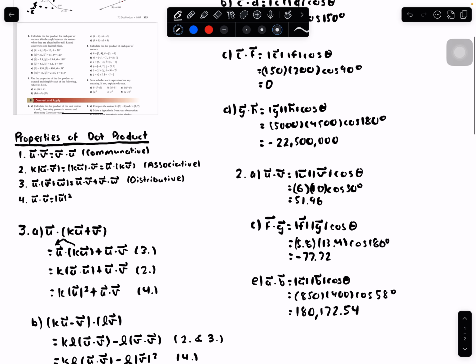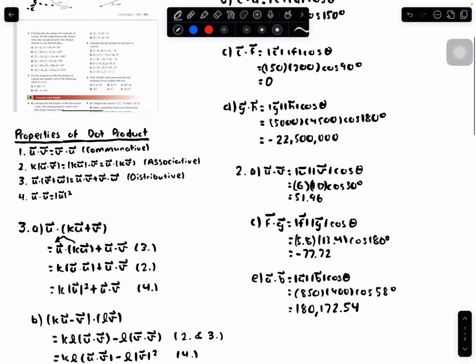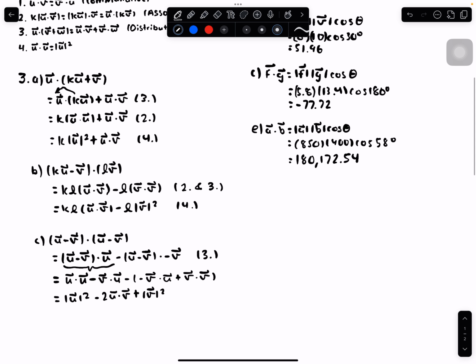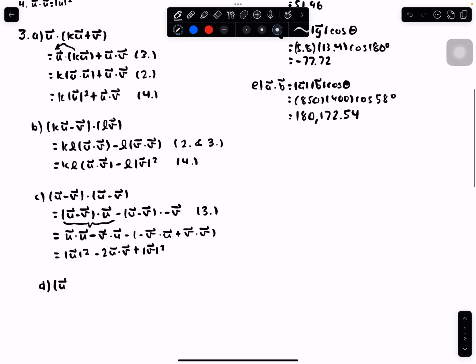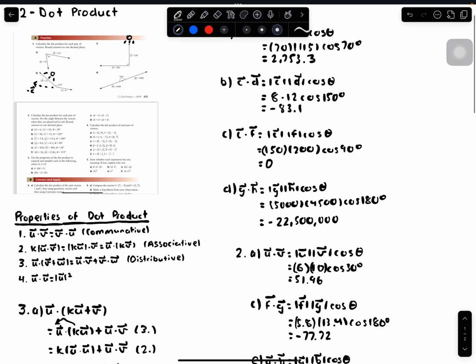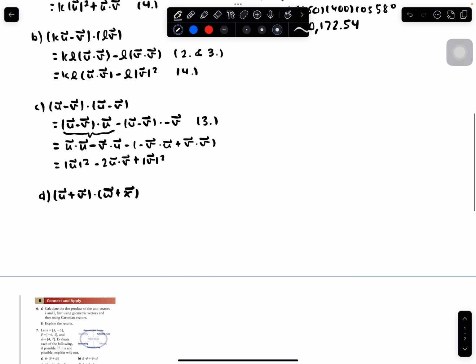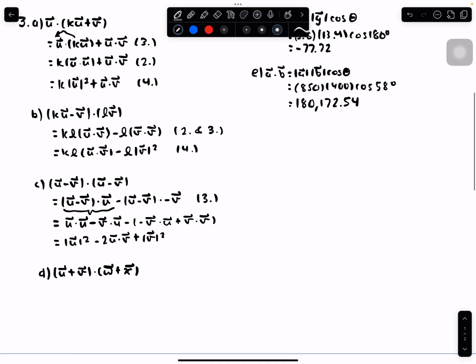And then D, we have (u plus v) dot (w plus x). For this problem, we get (u plus v) dot w plus (u plus v) dot x.